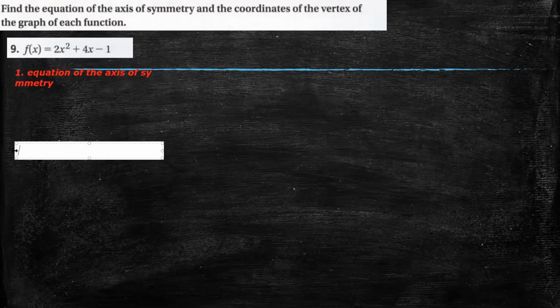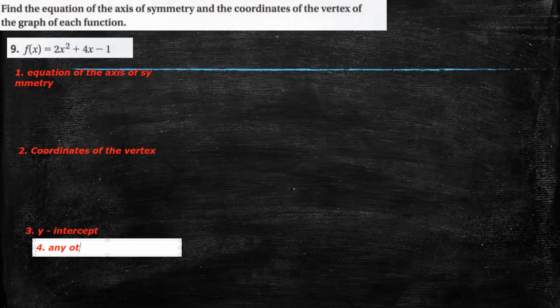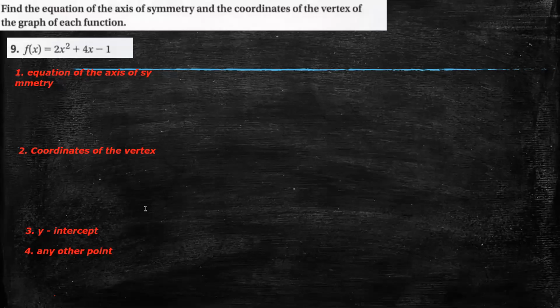Then the second step, you have to find the coordinates of the vertex. The third step, you have to find the y-intercept. And the fourth step, you have to find any other point. These are my four steps.